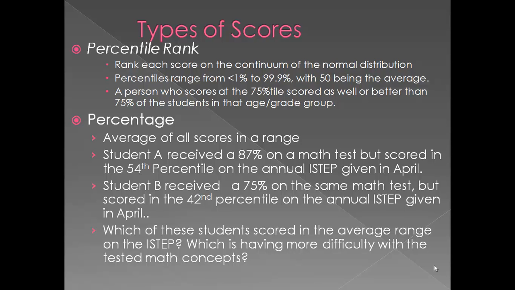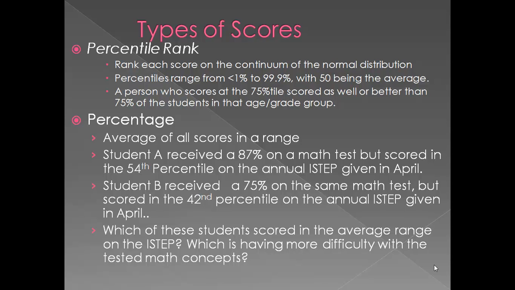Now, types of scores. We've got percentile ranks and percentage. Now, a percentile rank, that is all of the different ranks. So each score is ranked on a continuum of the normal distribution. And it goes from 1% to 99.9%, and 50 is your average when you're using a percentile rank.